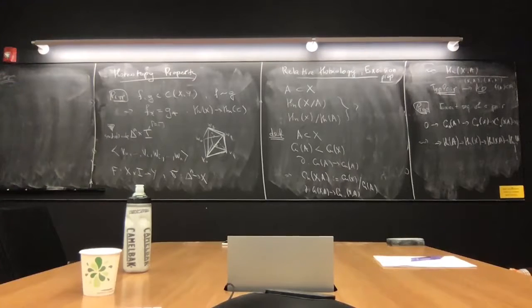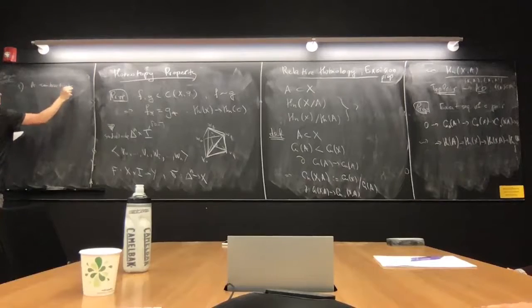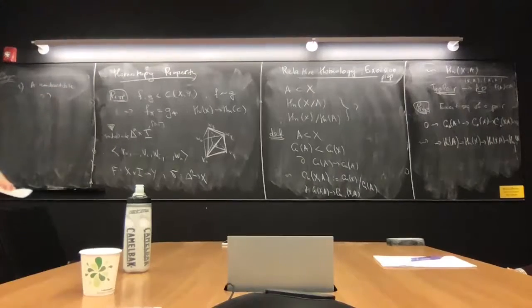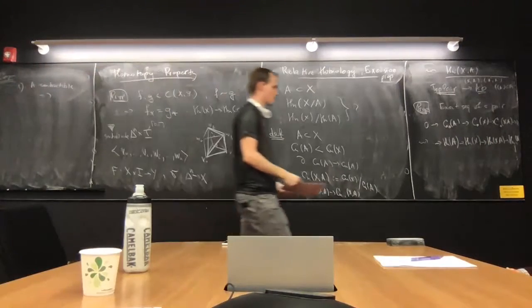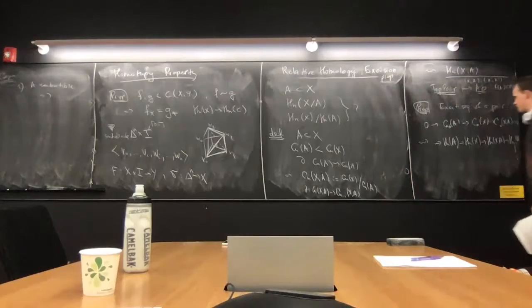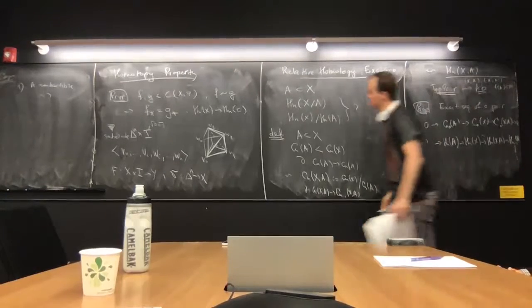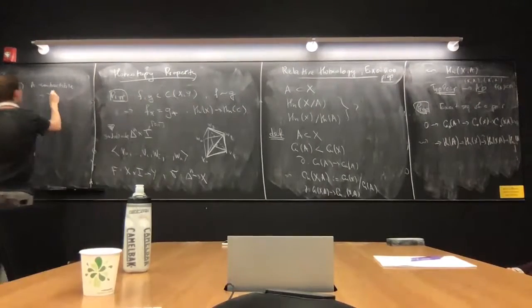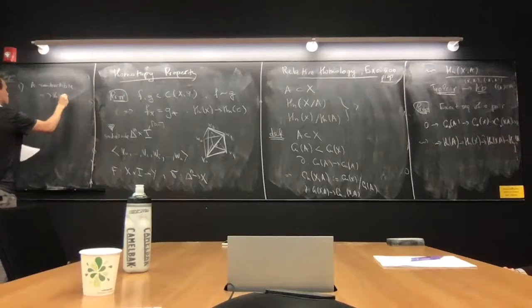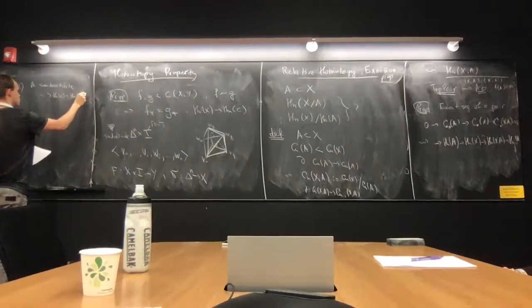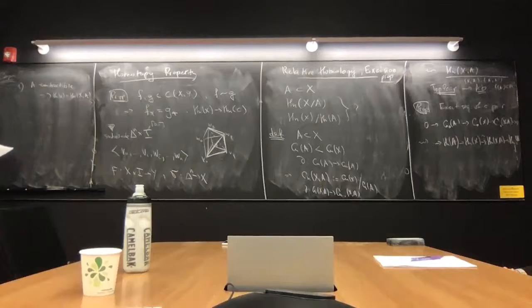Immediate corollary of this, or two. Number one, if A is contractible, then what? This is 0, this is 0. Therefore, this is an isomorphism.